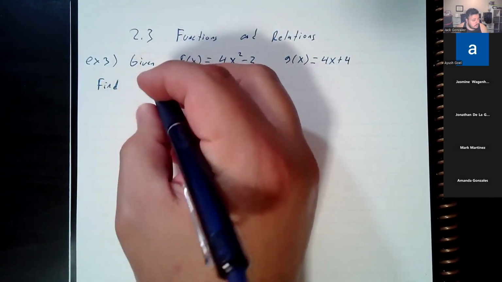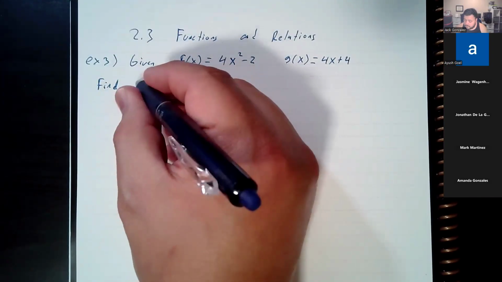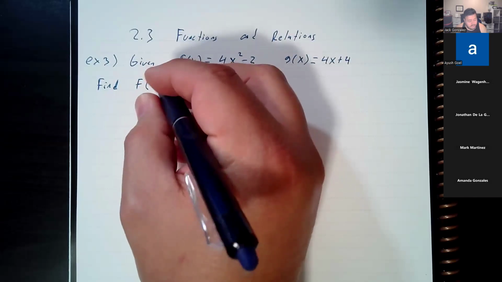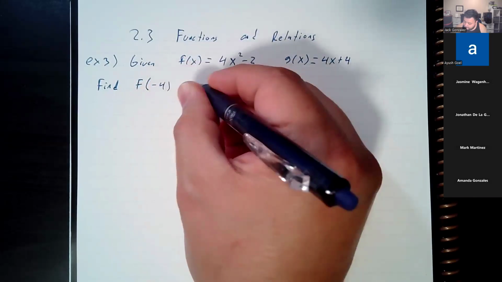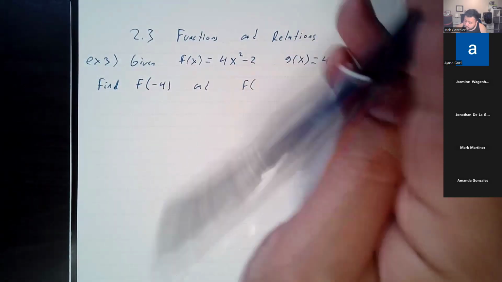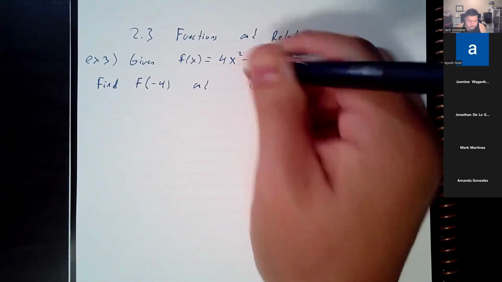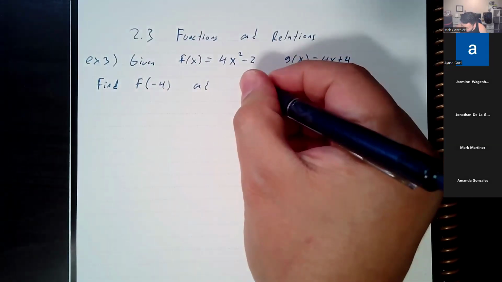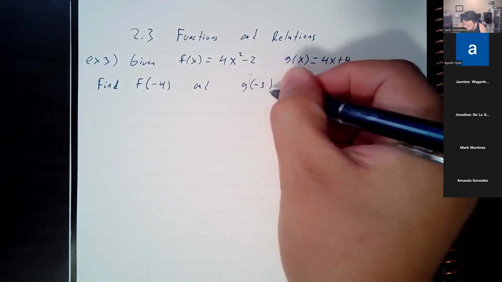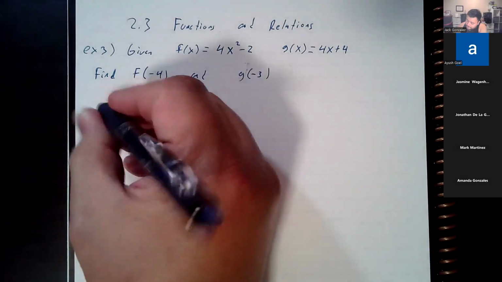Find f of negative 4 and, I'm sorry, g of negative 3. So when you see that, they're asking you to plug it in.